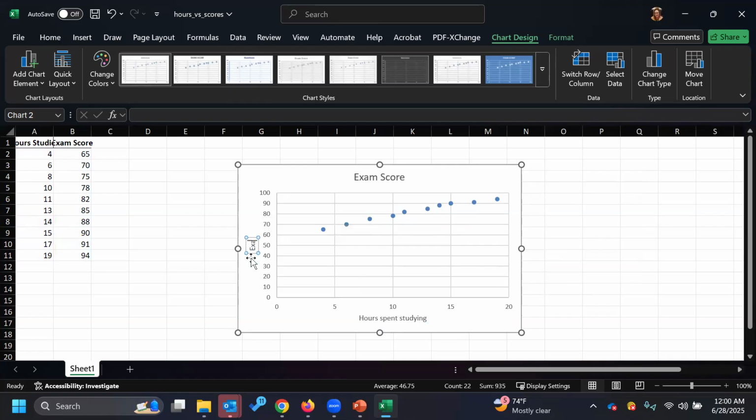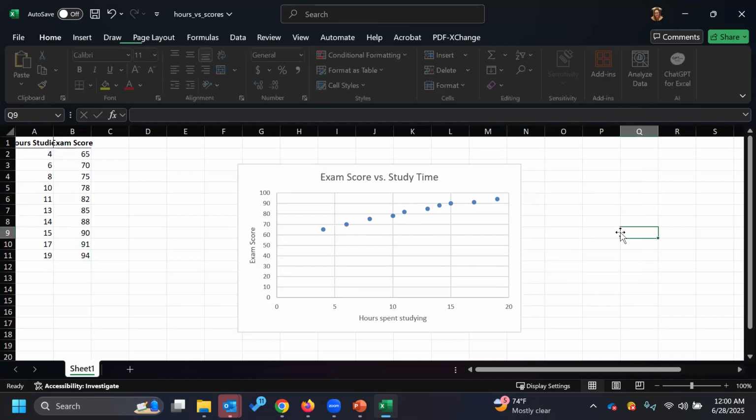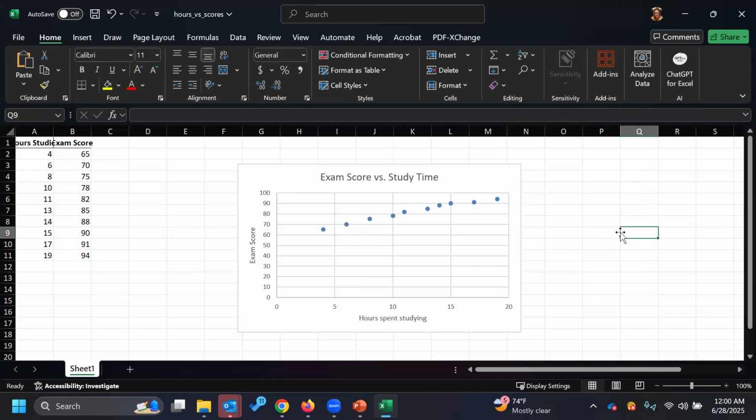This would be my exam score. And we give the chart a nice descriptive title. Just as before, we can change the colors, we can change the axes, we can do lots of different manipulation.